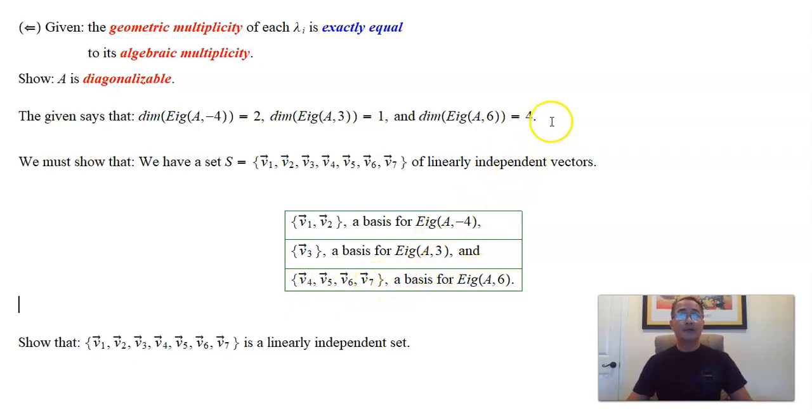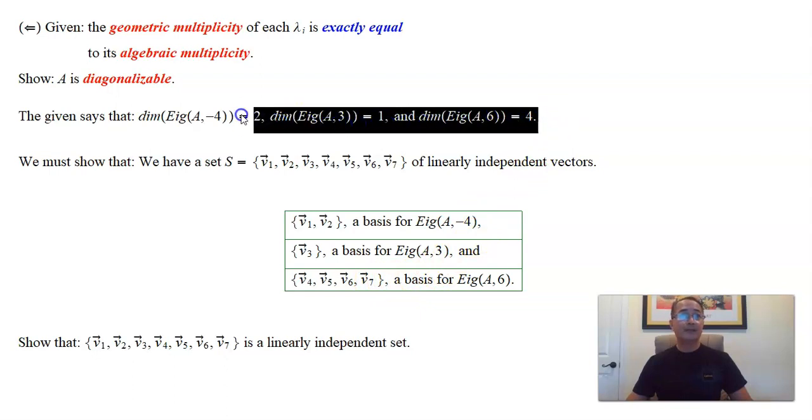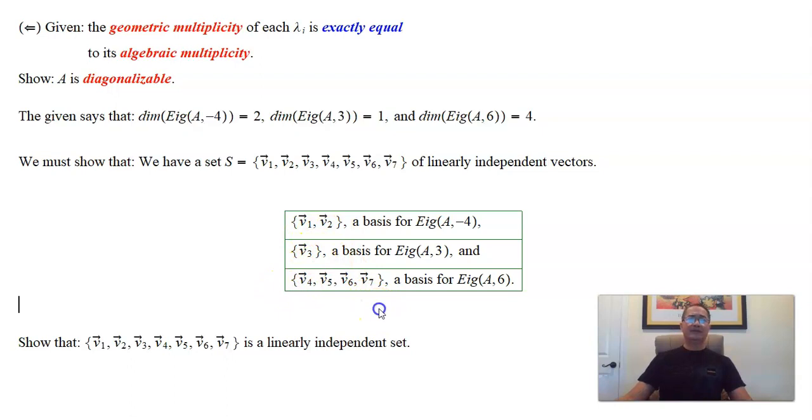And again, we can do all of that because we are given that these eigenspaces have exactly those dimensions, 2, 1, and 4. How many eigenvectors do we have? We have 7 of them.